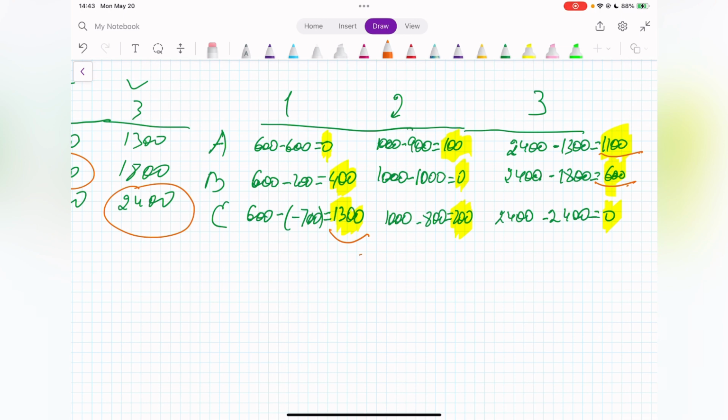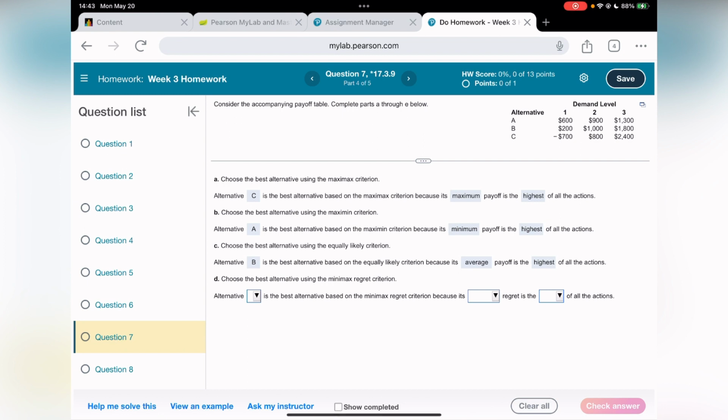Therefore, the answer is going to be B. Let me go to number 7, D. So the alternative is B.